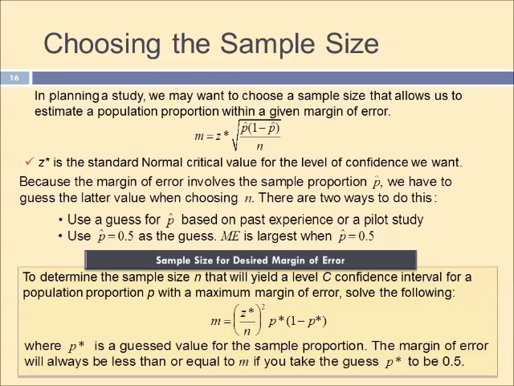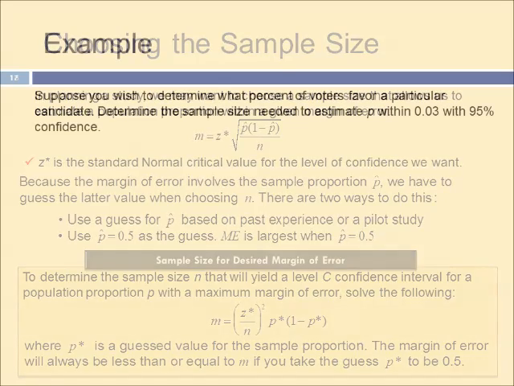And in this case, we are introducing yet another notation. So p star in this case is just the guessed value for the sample proportion. The margin of error will always be less than or equal to m if we take the guess to be 0.5. So again, we just take the original margin of error formula, that part of the confidence interval formula, and for a particular value solve for n.